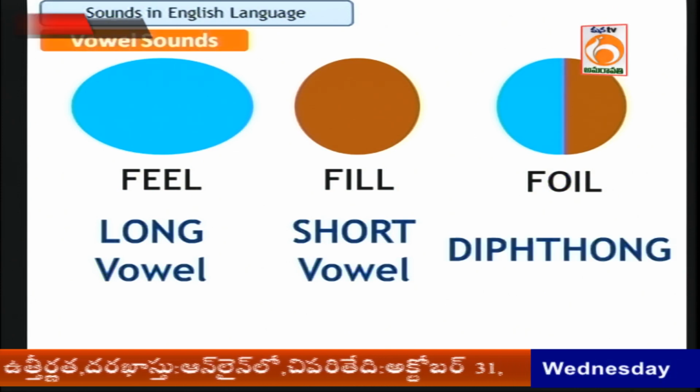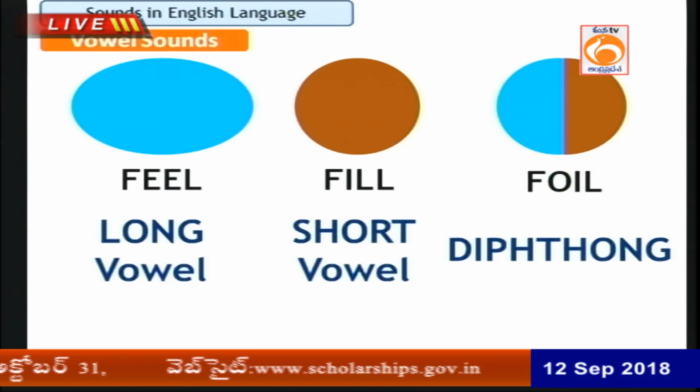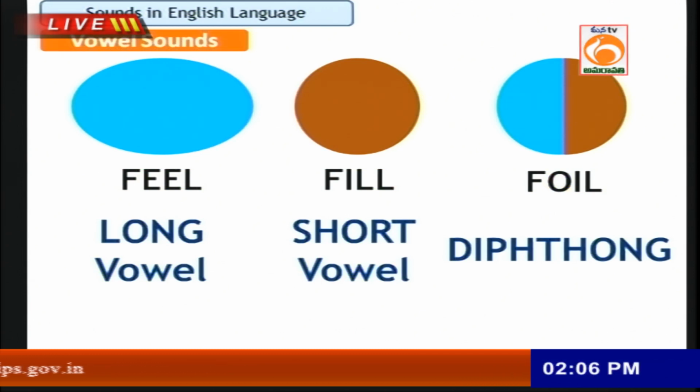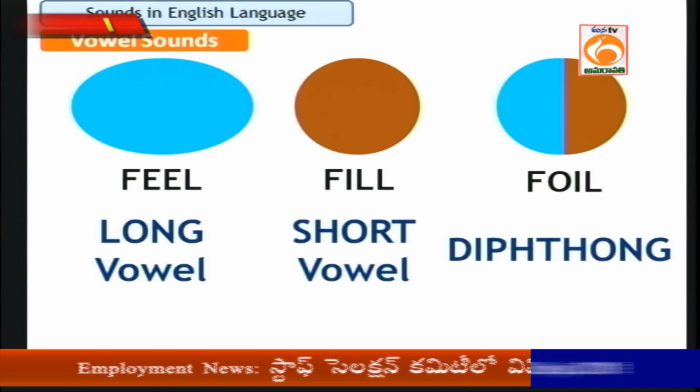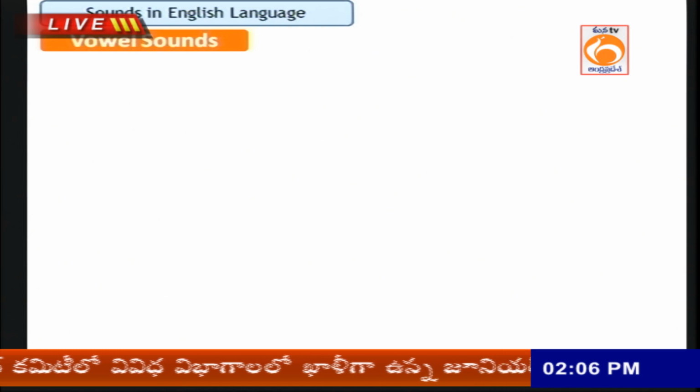A diphthong is a combination of long vowel and short vowel sounds. Like I said, there are 15 vowel sounds in the English language, which we are going to go through. We are not going to look into triphthongs and further distinctions. These three categories are used for all practical purposes to improve your pronunciation.